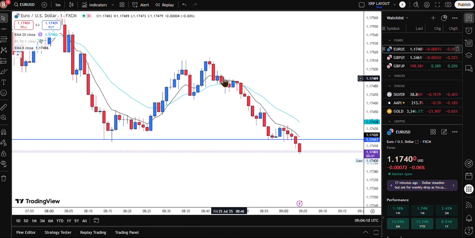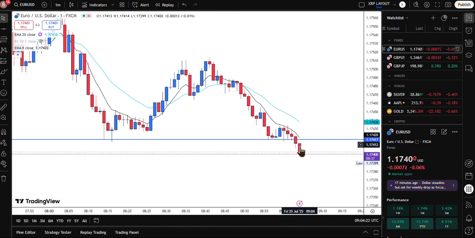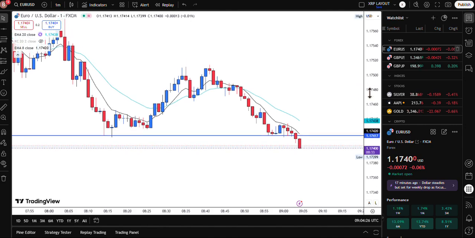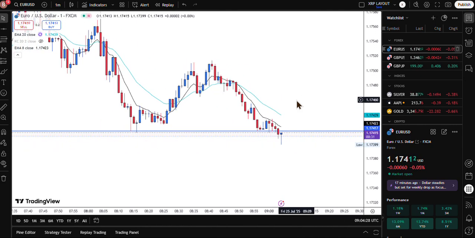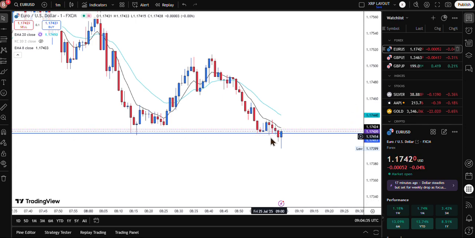And remember, I got in way up here. So we're just riding it all the way down. You can get out, close your trade right now, take your money as a pin, or you can continue to hold it. It's up to you.